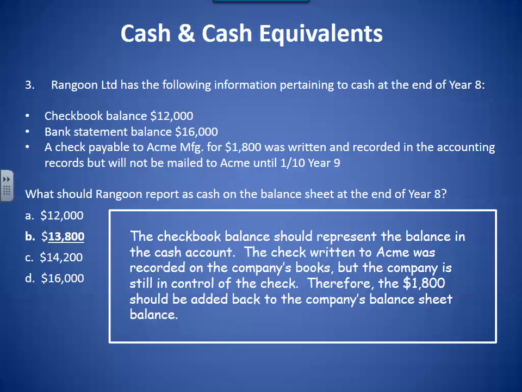The check written to Acme was recorded on the company's books, but the company's still in control of the check. Therefore, the $1,800 should be added back to the company's end of year balance. And that's the answer to number three.